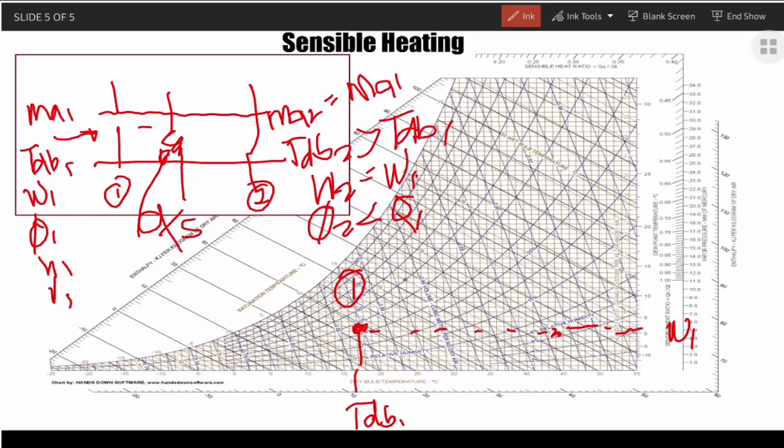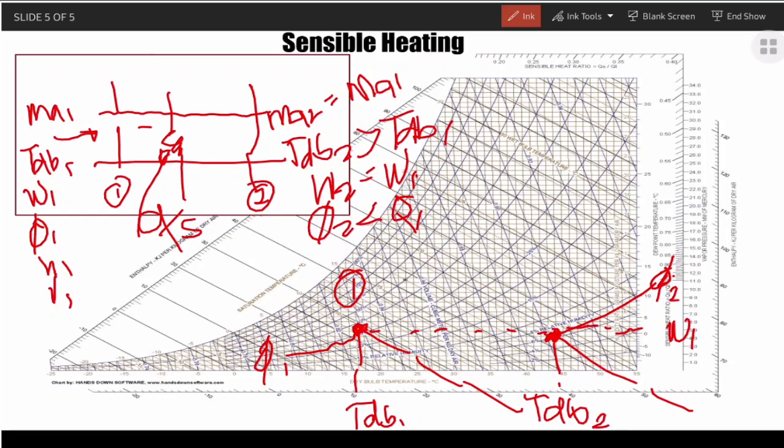For example, this is the relative humidity 1. So it has reduced from somewhere around 30 to, I think, 7%. And we take note that the dry bulb temperature of the air has increased, and this is your enthalpy.